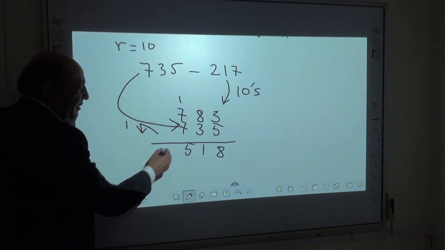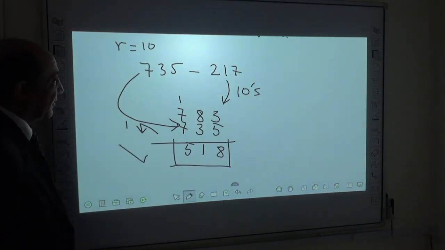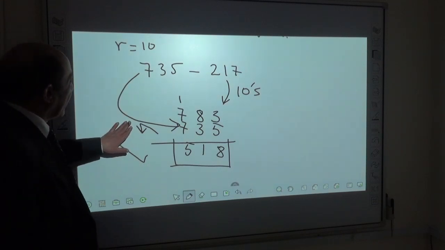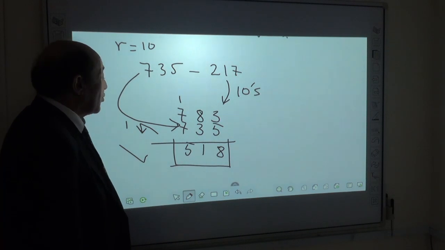We just ignore it. This is our result. Please check whether it is correct or not. We do not need to add it as in the r minus 1's complement.